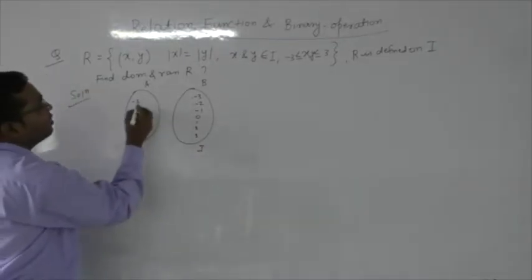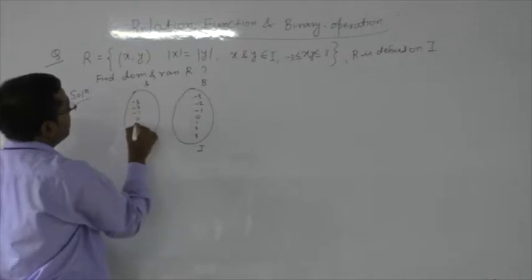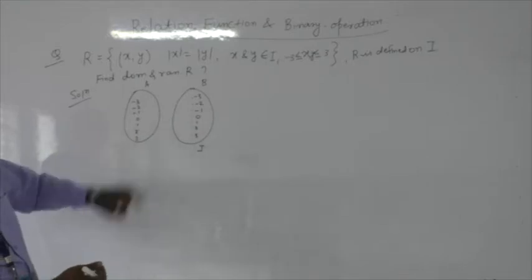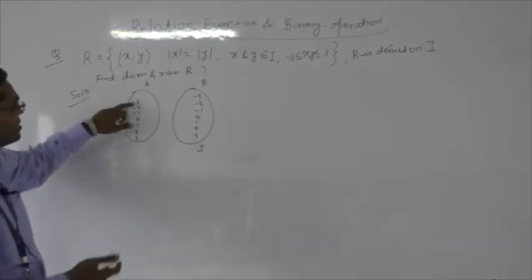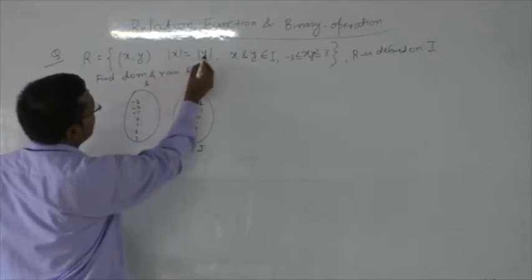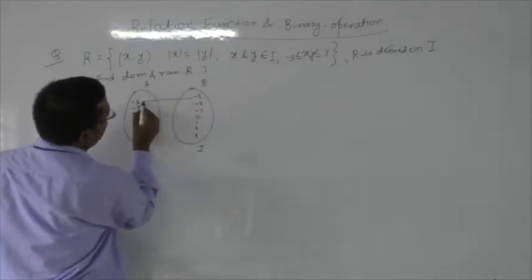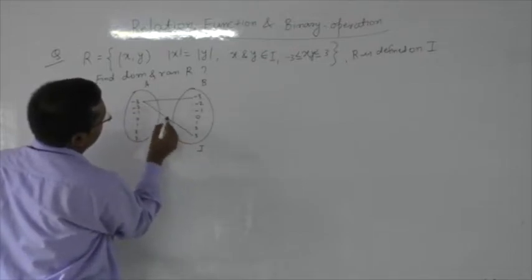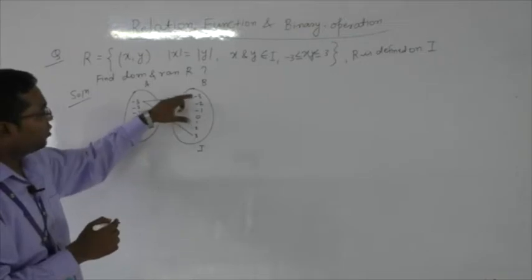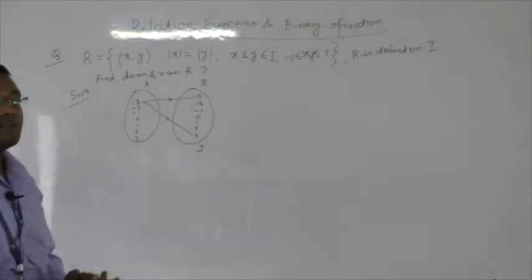And here the domain we have -3, -2, -1, 0, 1, 2, 3 only. This is the domain. Now mod of x should be mod of y. So -3 will be related to -3 as well as to 3. Why? Because mod of -3 equals 3 only. So mod of y, that is mod of -3 and mod of 3, will be the same.